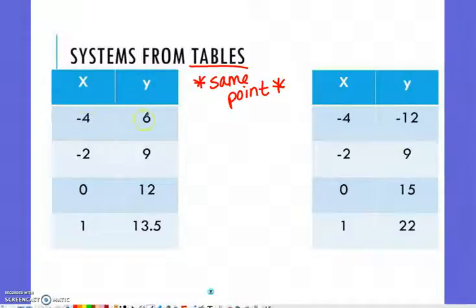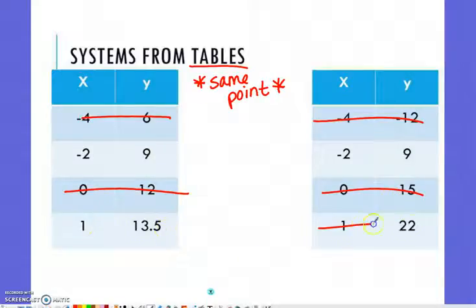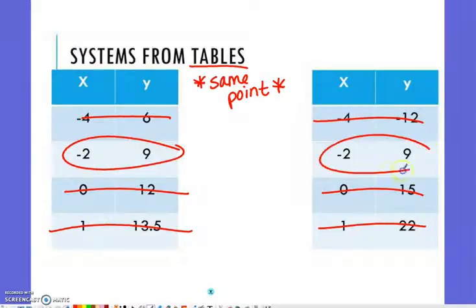So this is negative 4, 6, and this is negative 4, negative 12, so that's not the same point. Negative 2, 9, and negative 2, 9, that looks good. 0, 12, and 0, 15, not the same point. 1 and 13.5, and 1 and 22, also not the same point. So this is the only point that they have in common, so that's my answer.